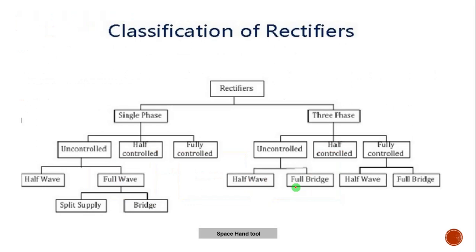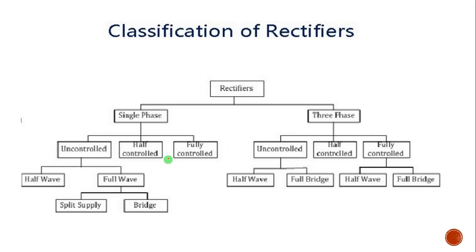Now coming to the classification of rectifiers, rectifiers are generally classified into two types: single phase rectifiers and three phase rectifiers. Both single phase and three phase rectifiers are again classified into uncontrolled rectifiers, half controlled rectifiers and fully controlled rectifiers.